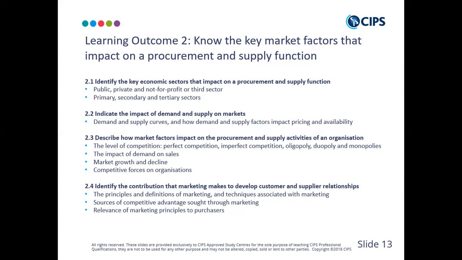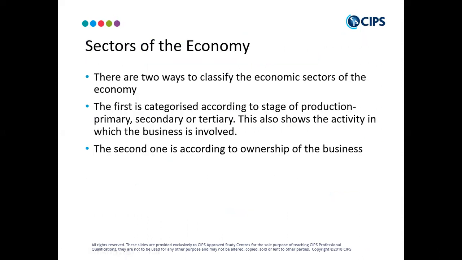But perhaps before I go there, in all fairness to chapter 2.1, let me give a bit of explanation as to what exactly it entails. It deals with the sectors of the economy, as we had discussed already. There are two ways to classify the economic sectors.